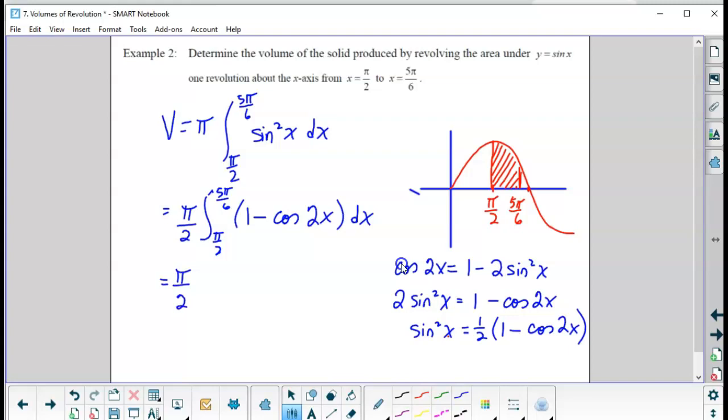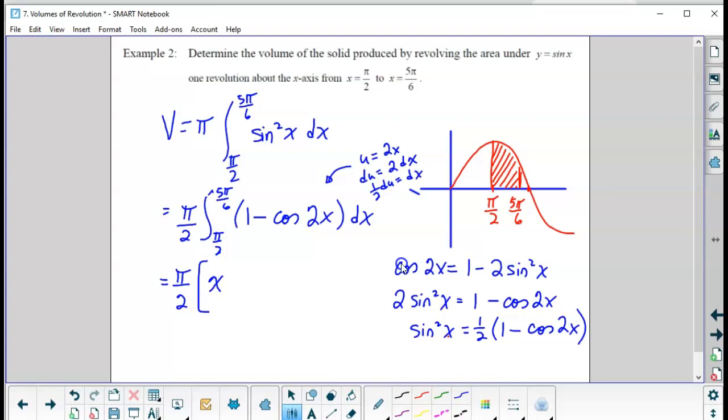So now, when we integrate this, I'll use brackets, so that's just going to be integral of 1 is x. And then if you want to use a substitution just to make sure, but anytime the argument has a coefficient of 2, it's going to be 1/2 the integral of cos. But if you're not sure, again, you don't want to just randomly put it in, not being sure about it.